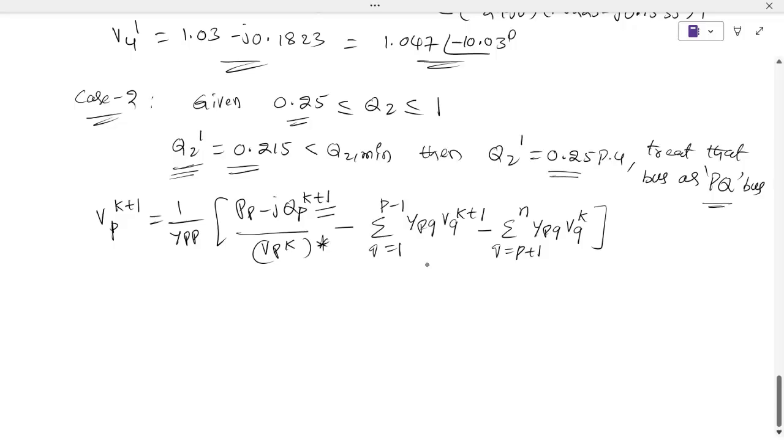Now you know that p is equal to 2, k is equal to 0.